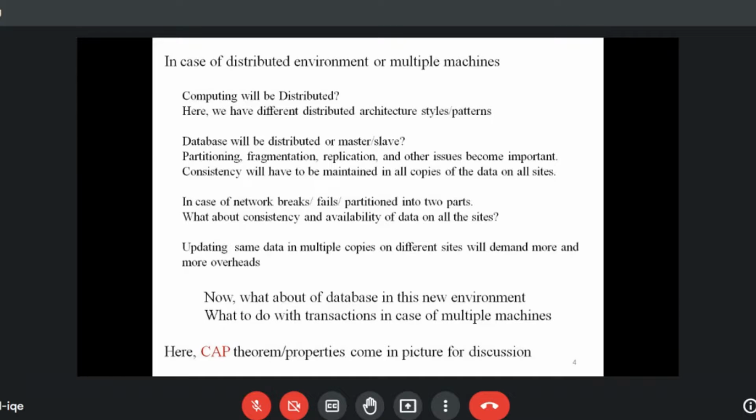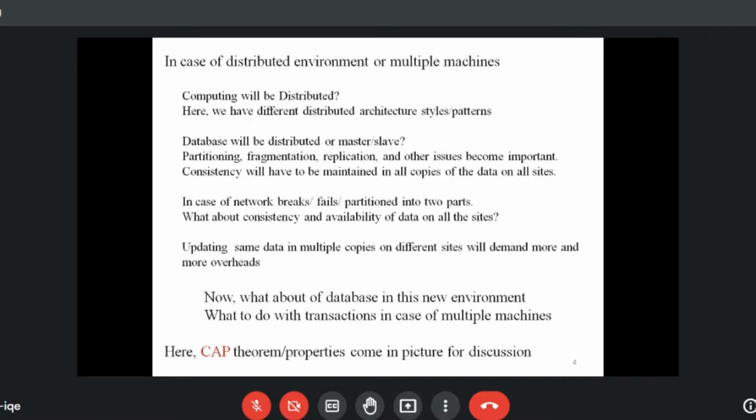Database will be distributed in master slave, or distributed in terms of a part of the database being kept on one machine and some kind of replication. In simple terms, there is one database, and if I say it is distributed, one question will be: what is distributed?